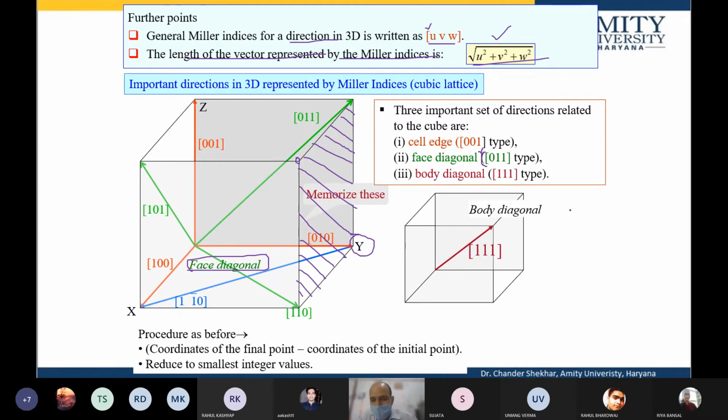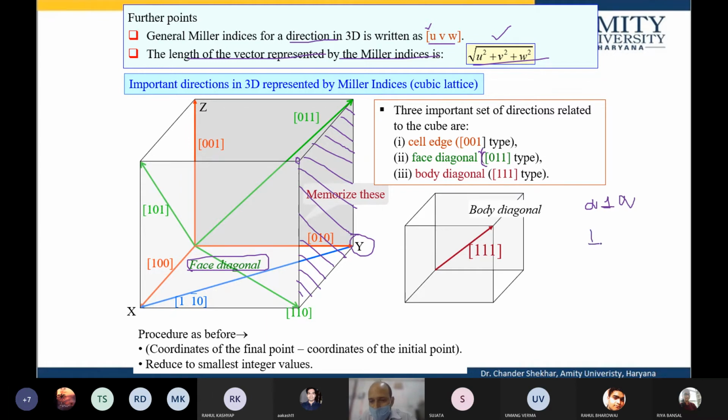What is the first step? The first step is to look at the intercepts. Along the x axis it intersects at infinity. Along y, suppose it intercepts at the unit edge length, and along z again at infinity.